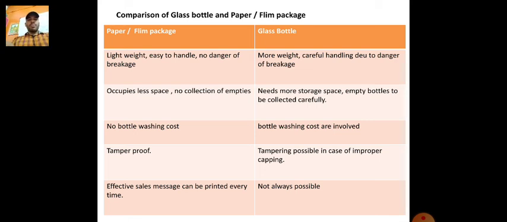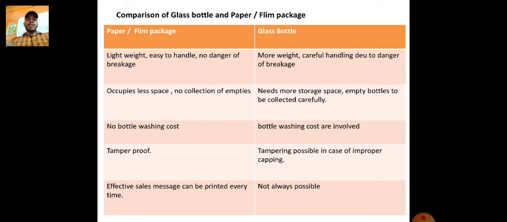Then paper or film packaging occupies less space, no collection of empties. Glass bottle needs more storage space, and empty bottles are to be collected carefully, like cold drink bottles. Then no bottle washing cost; in glass, bottle washing cost is involved. Tamper-proof; tampering is possible in case of improper capping.